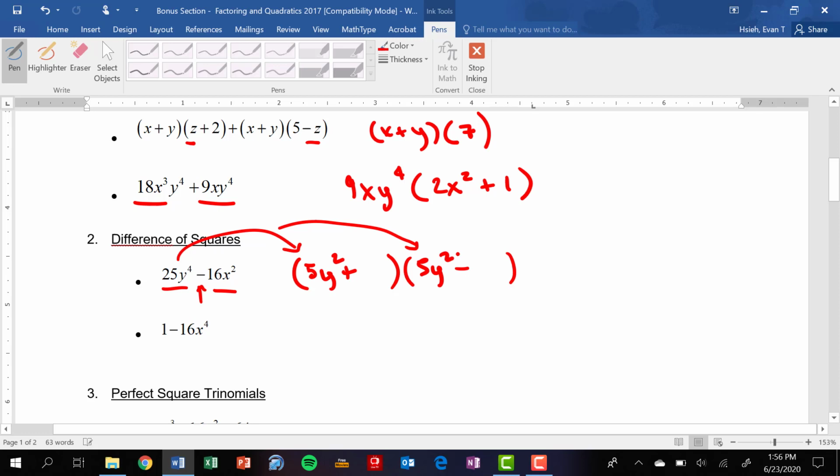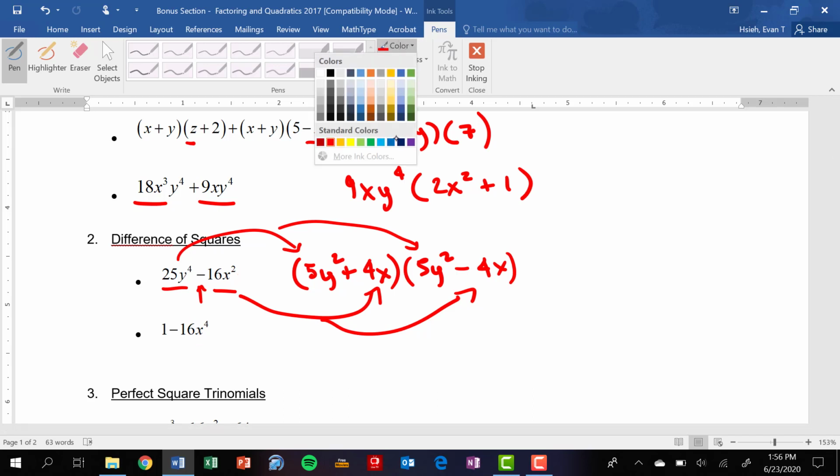They're going to be the same. Multiply those together to get 25y to the fourth, and then this one and this one give me 16x squared, so it's going to be 4x and 4x here. 4x times 4x is 16x squared.